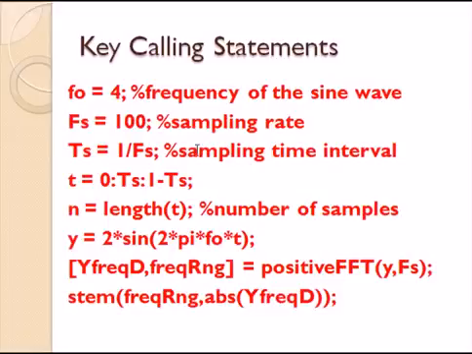So now we have the same, in this case, 6 commands that generate our values, and then we just call the positive FFT routine using the sample data and the sample rate fs. And it returns y freq d, the FFT, and freq range, the frequency. So then we do a stem plot using freq range as the x-axis and then the magnitude of y freq d as the y-axis.